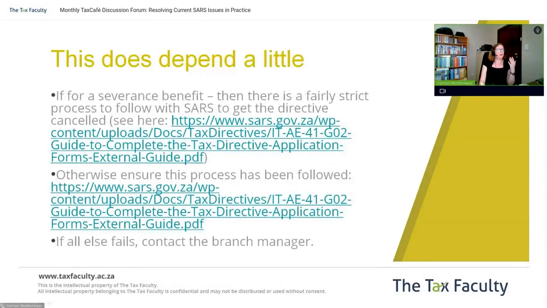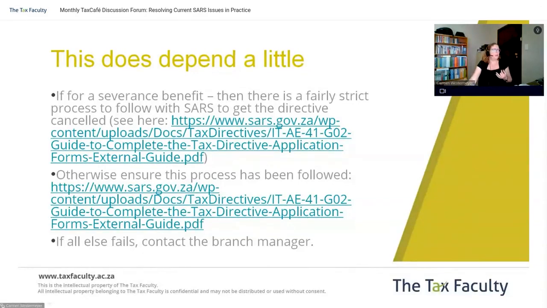So there are also procedurally, and this is something which I'm yet to understand exactly why they did it this way, but again, I don't write SARS's admin books, I can just tell you what it is. SARS actually has a different process for how you cancel directives dependent on whether this is a severance benefit or a lump sum. So in other words, is this an employer paid lump sum or a fund paid lump sum?